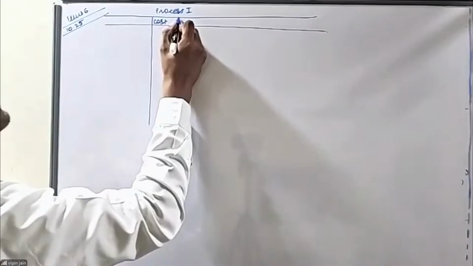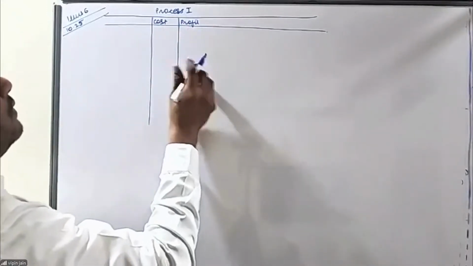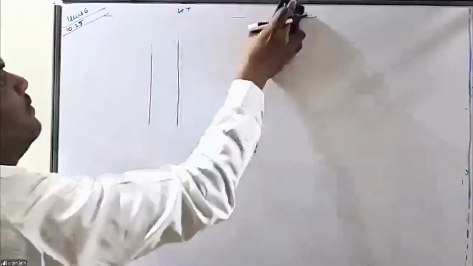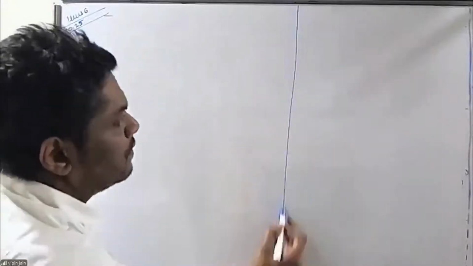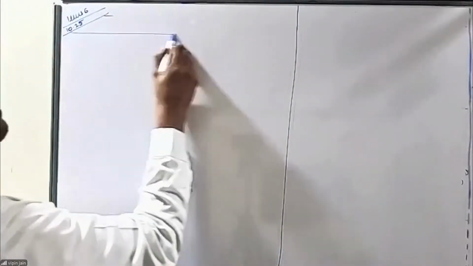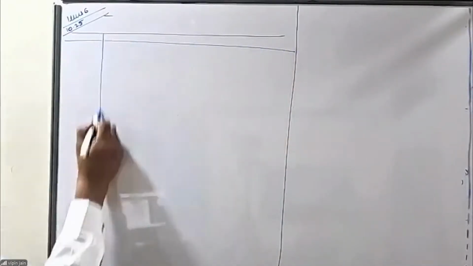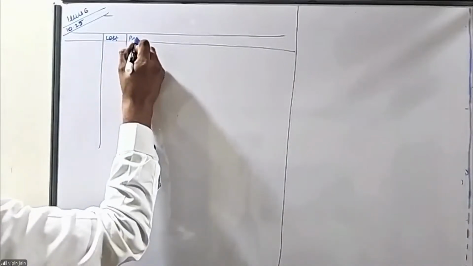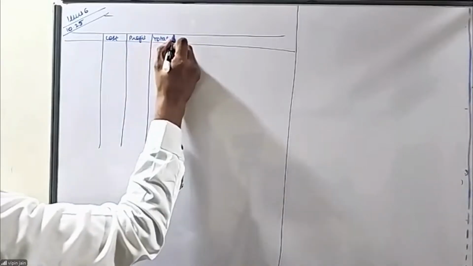So this will be cost, profit, and total.